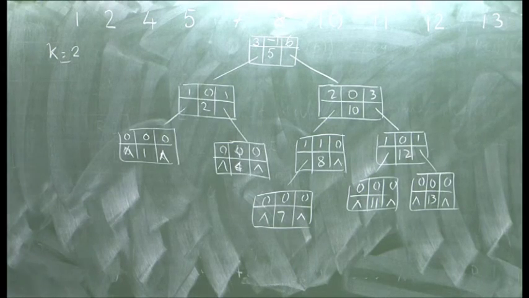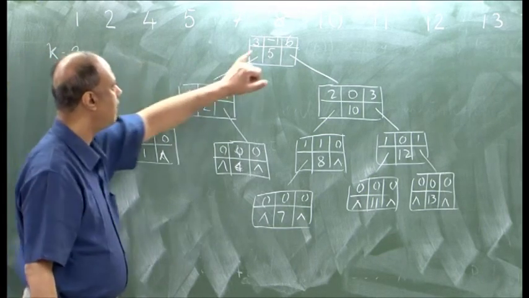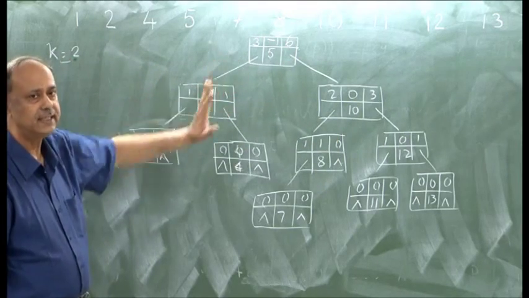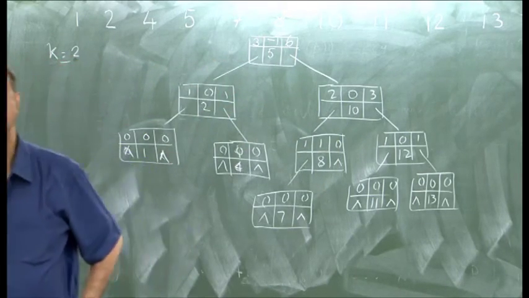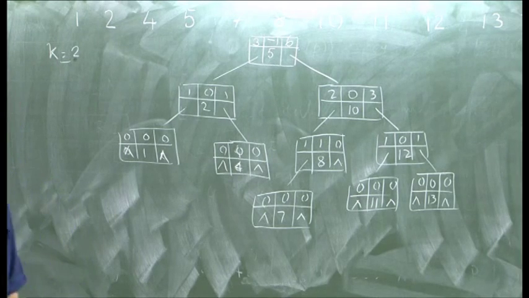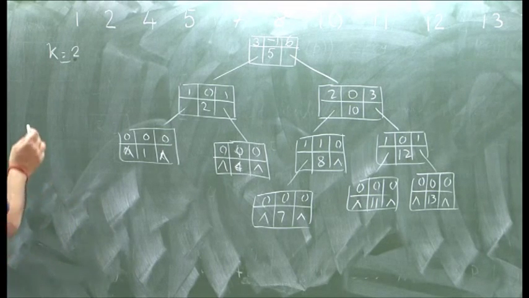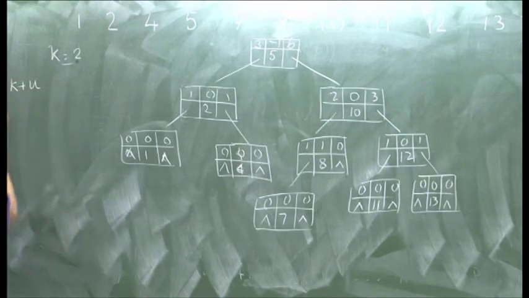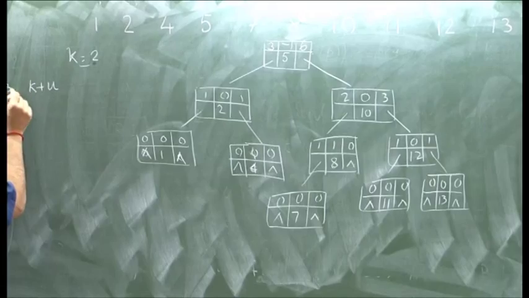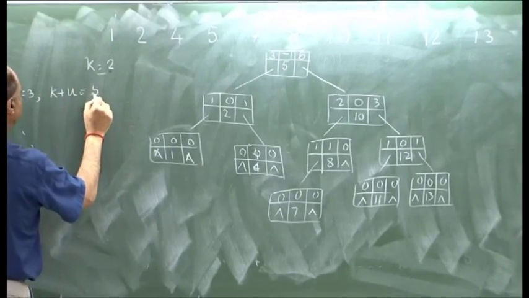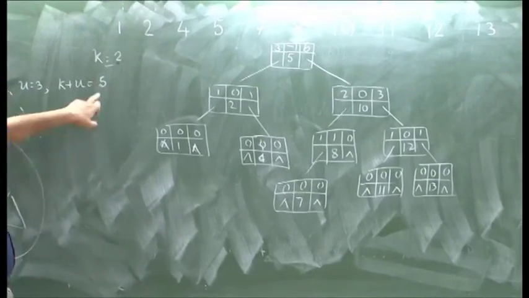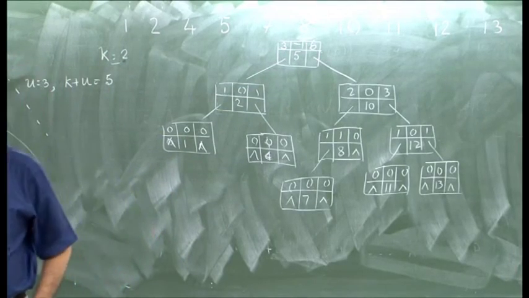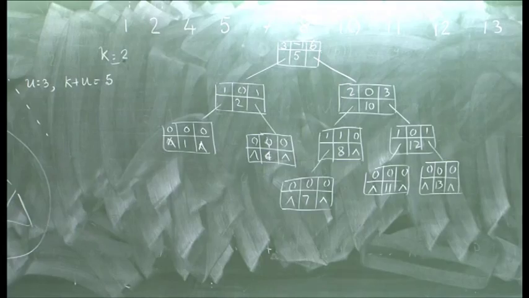So what I told is that if I have to follow this path, then there are at least 4 nodes on the left of your k plus u. So here I start with u equals 3, k plus u, I get 5. Now this 5 is equal to this, so that is not smaller, you will not get u plus 1.